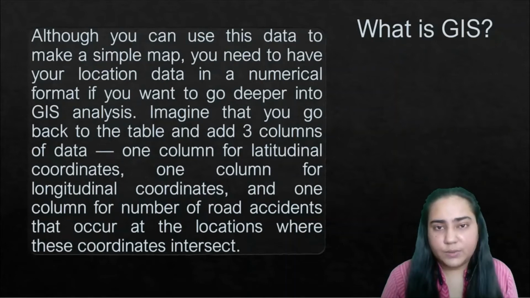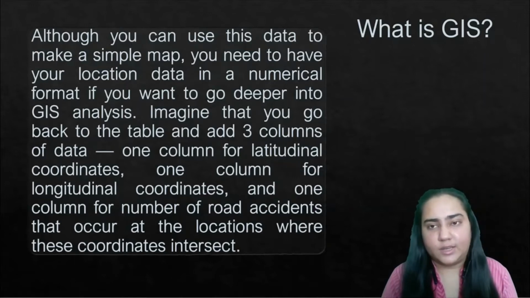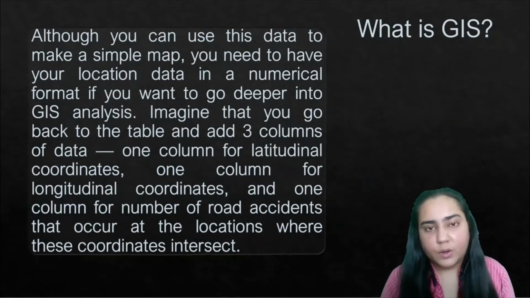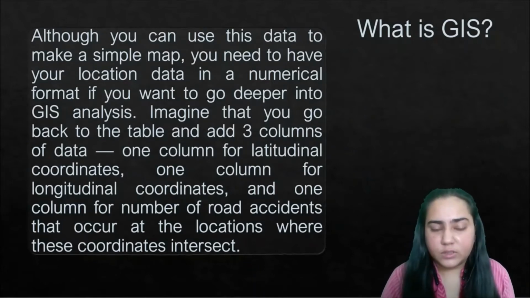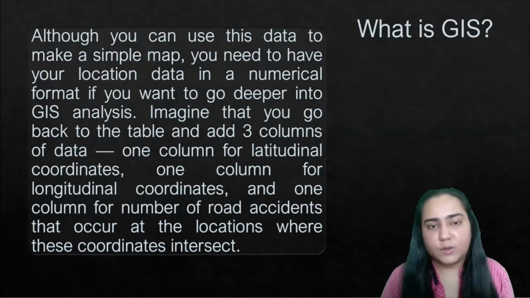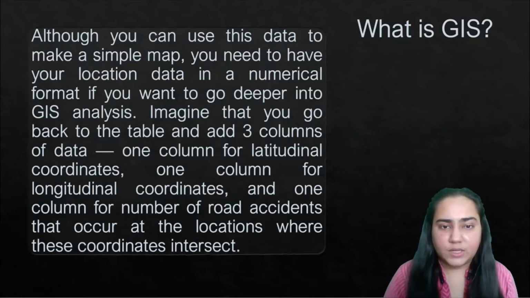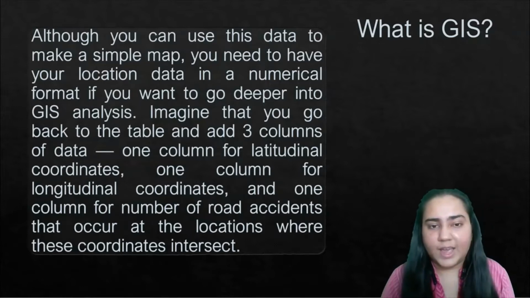Now, although you can use this data to make a simple map, you need to have your location data in a numerical format if you want to go deeper into GIS analysis. Just like you saw, there are only the names of the cities mentioned, but what you need are not names of the cities, but rather coordinates, because if you have coordinates, then you can plot them on the map. Imagine that you go back to the previous table and add 3 columns.